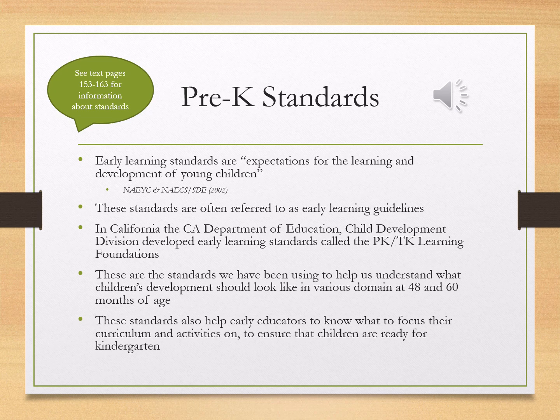And then again, you can see at the bottom, just reiterating what I just said, that these standards can help educators to know what to focus their curriculum and activities on to help assure that children are as ready as they can be for kindergarten without sacrificing what early childhood should be about, and that child-initiated, play-based, hands-on kind of learning.